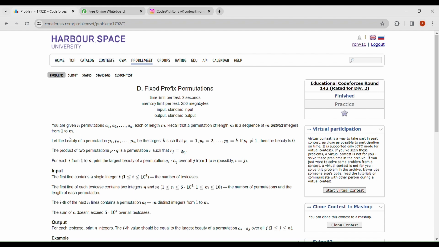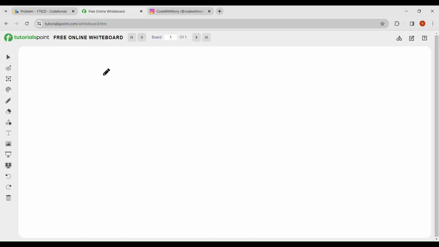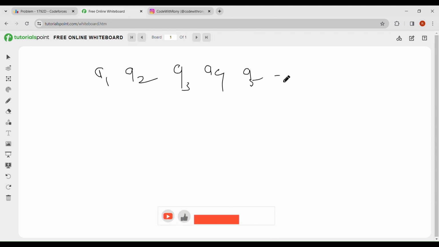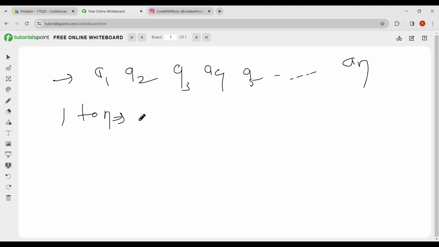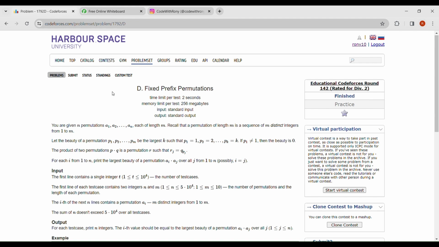Now the question: we are given one permutation a1, a2, a3, a4, a5 up to an. Permutation means that if n is given, there will be only the numbers 1 to n, with no doubles or triples, only single numbers.